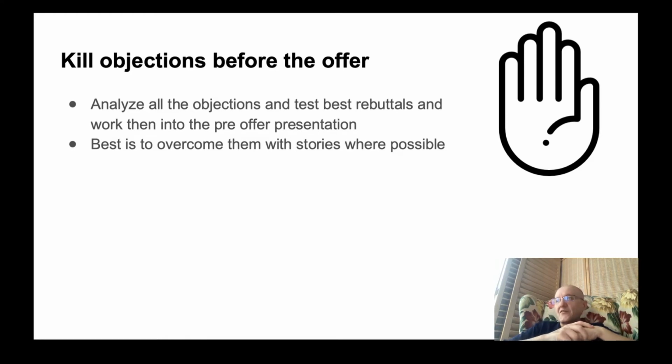Pretty much every sales funnel has some kind of objection. So if you get to the point, by doing more and more of these sales funnels and improving, where you have no objections, then that is perfect. That's what you want. But the best time to overcome that is in the early stages.